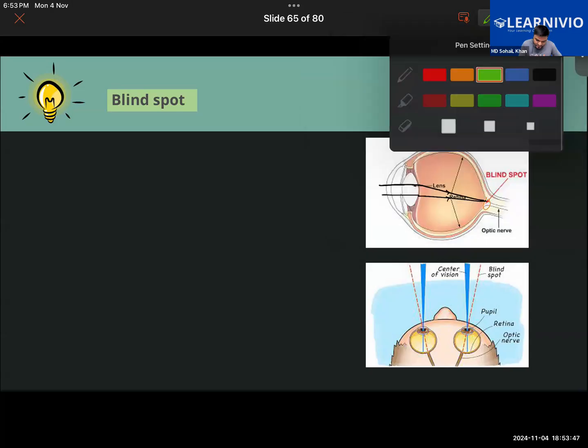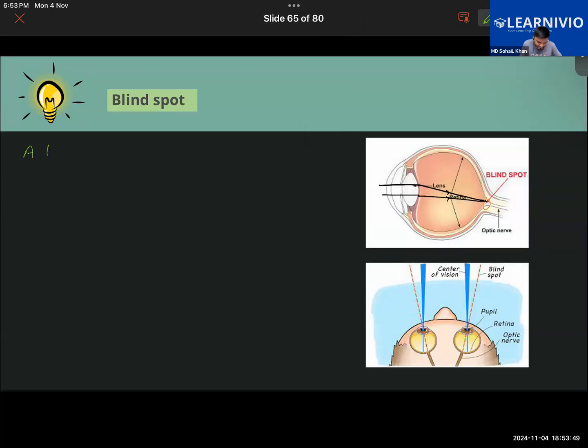First of all, let me write a small definition for it. At the junction of the retina and the optic nerve in the eye, there are no rod and cone cells.